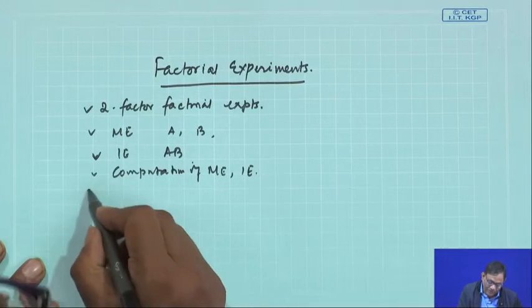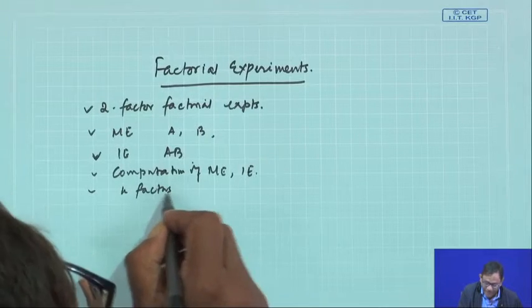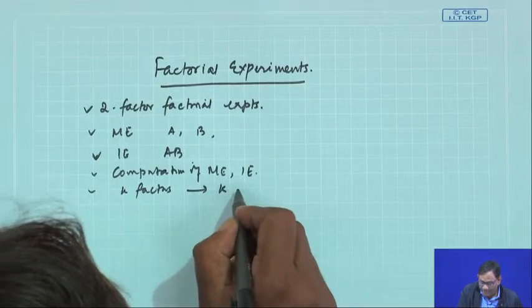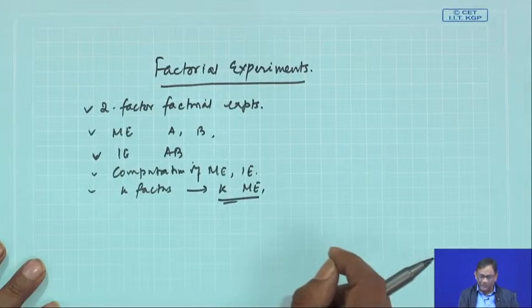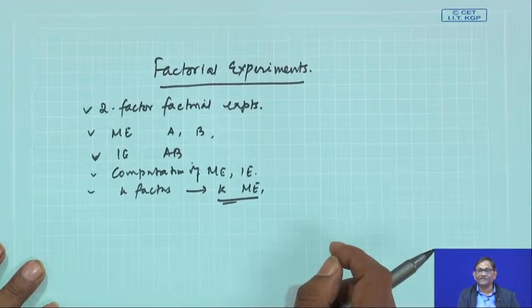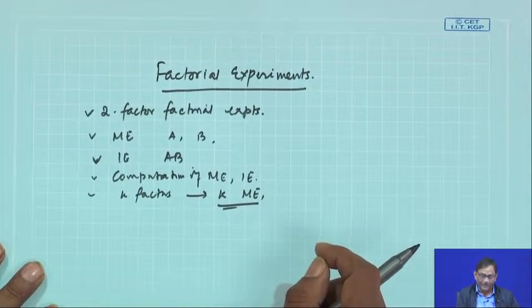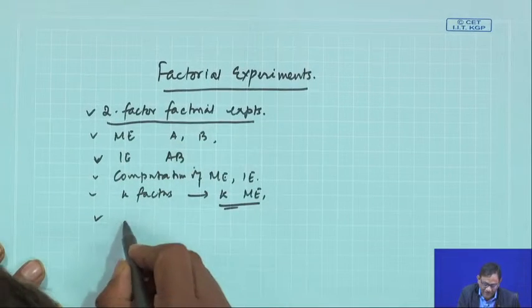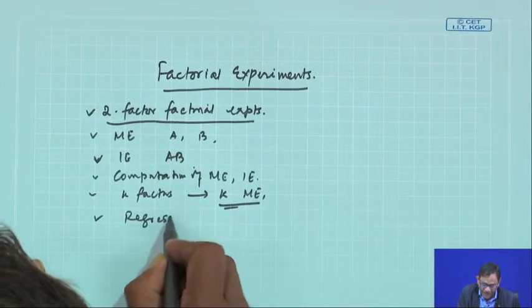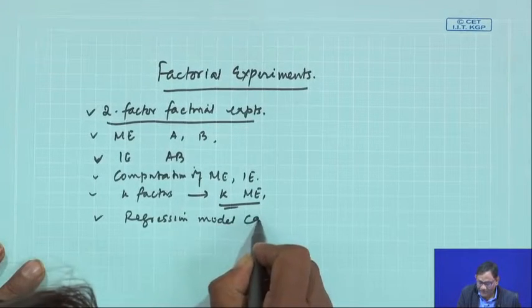We have also discussed that there may be k factors, and then k main effects, k C2 two-way effects, and k C3 three-way effects. In addition, for a two-factor factorial experiment, I showed how the regression model can be developed.